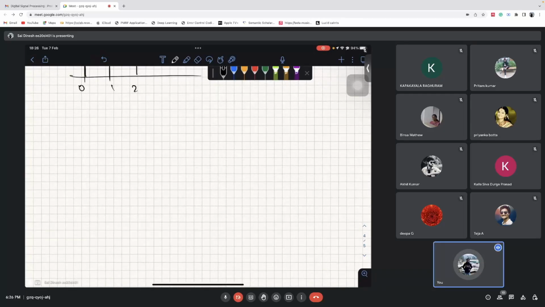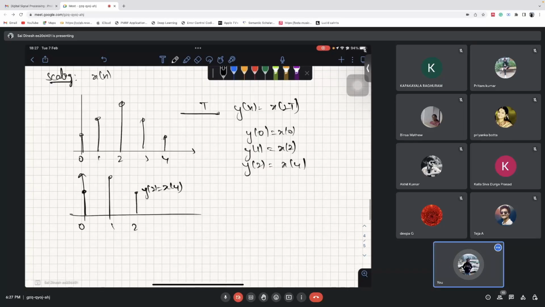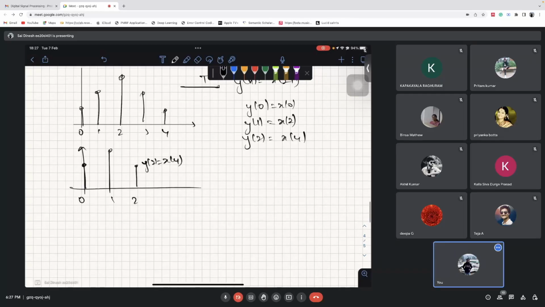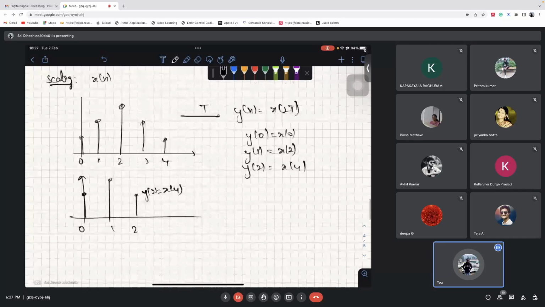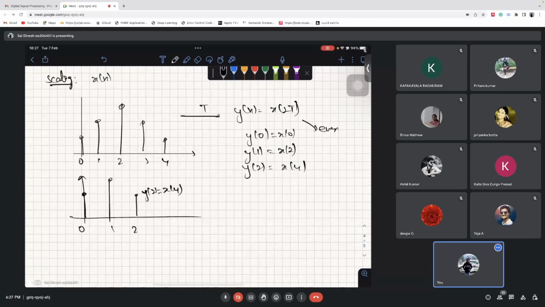In the discrete time signal, the information is lost. If I talk about scaling, here x of 2n takes the even indexed samples, correct?